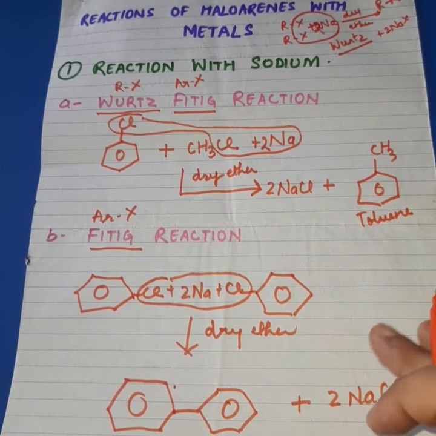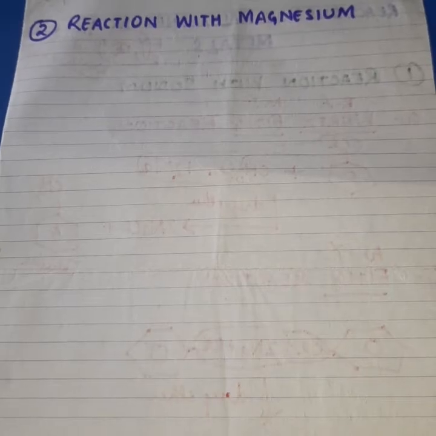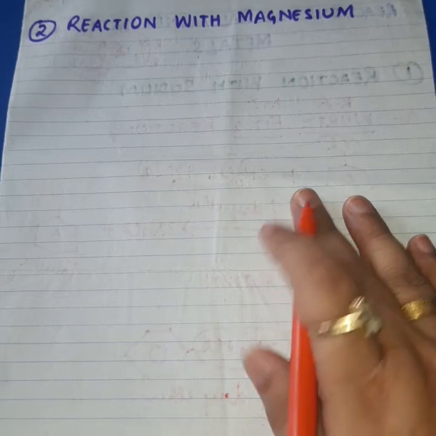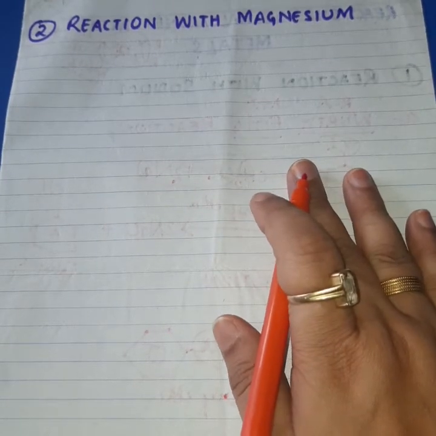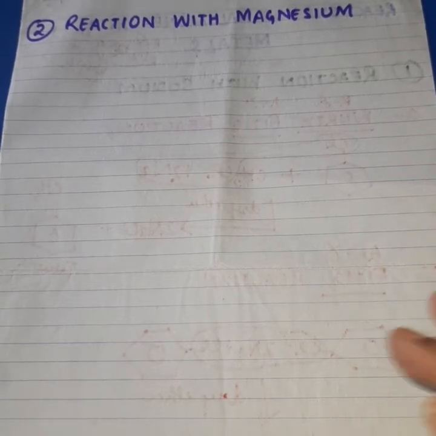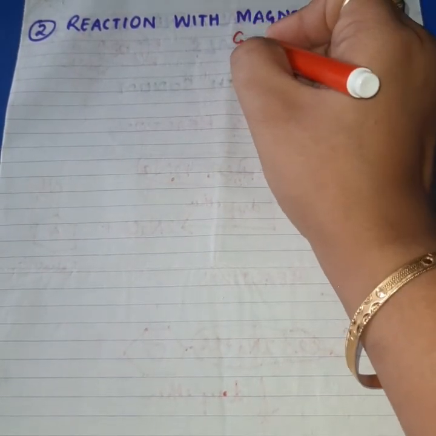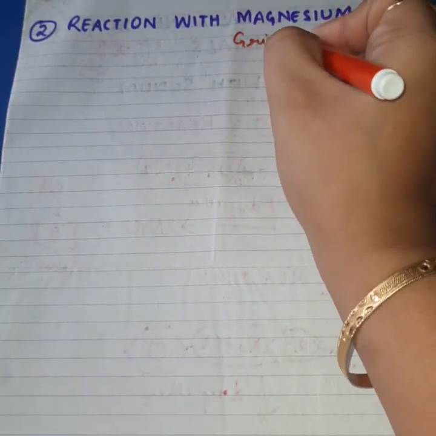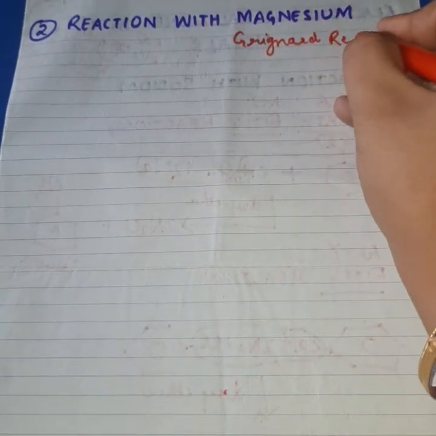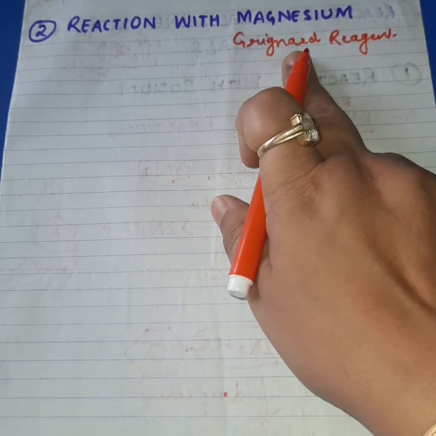Now let us see the next reaction, that is the reaction with magnesium metal. You have seen this reaction in haloalkanes. It is the same. Whenever any aryl halide or alkyl halide reacts with magnesium metal, it always results in the formation of Grignard reagent.